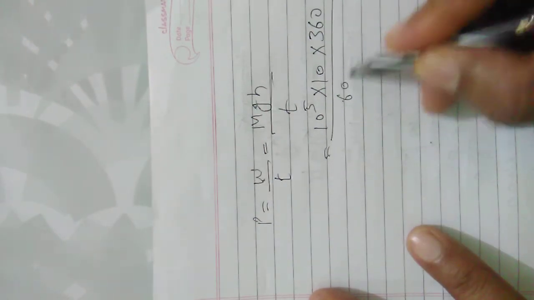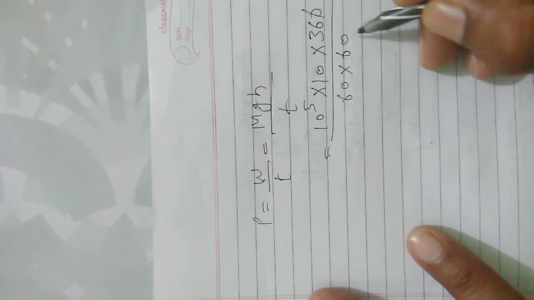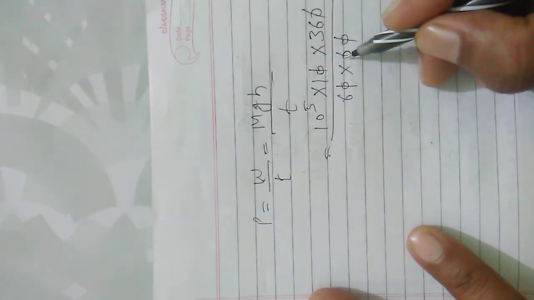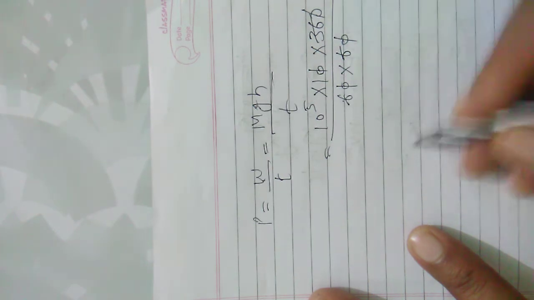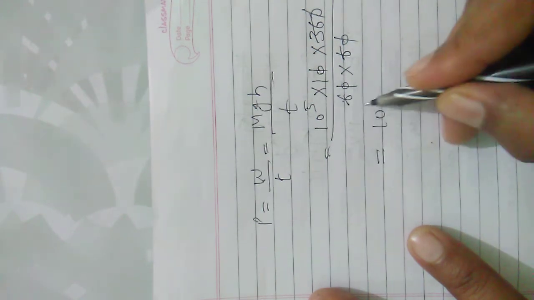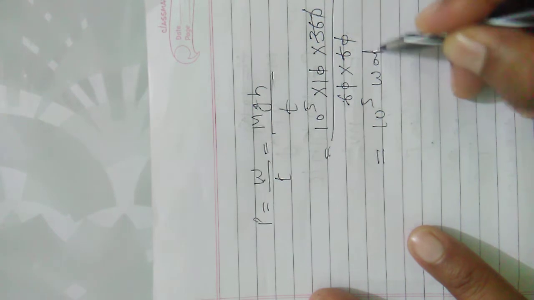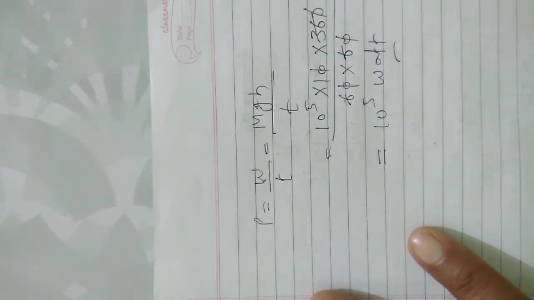So 1 hour can be changed into seconds. Zero cancels with 0, 0 cancels with 0, 6 gets cancelled. So we get 10^5 watt. So this is the answer for question number 12 according to this book.